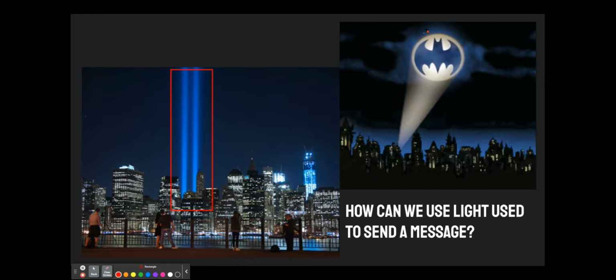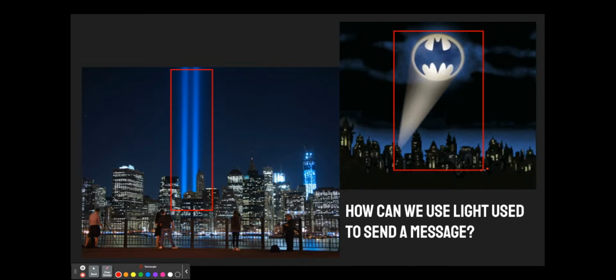And the other one that I thought of was Gotham City, which is a fictional city in the Batman comic book. And whenever there's a horrible crime going on and they need Batman, what they do is they shine the bat insignia up into the sky.